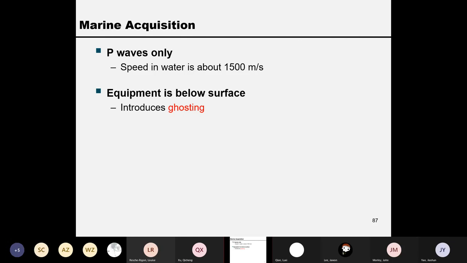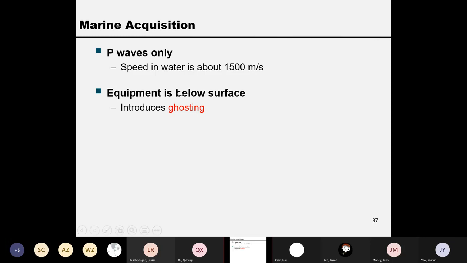And in the water, the velocity is roughly 1,500 meters per second, but it's not exact, because the velocity is related to the temperature, and the water also has density changes because of salt and so on. But for the accuracy requirement of seismic data, I think this 1,500 is universally acceptable.